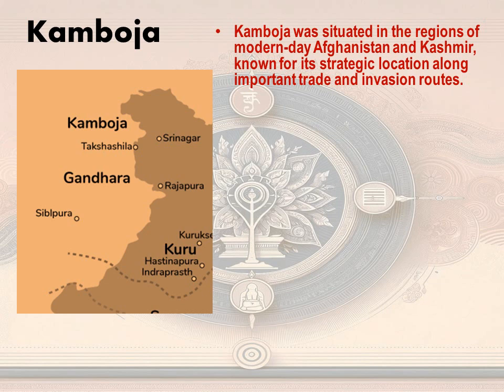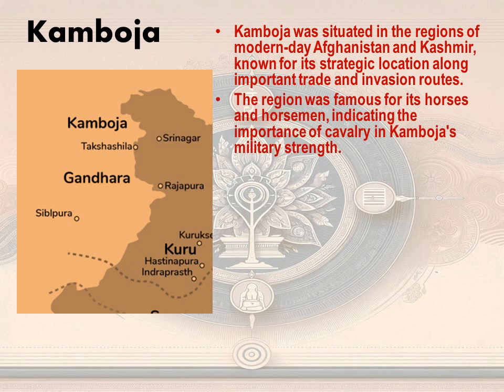So it was through this area that all the invaders came and attacked the Indian subcontinent. The region was famous for its horses and horsemen, indicating the importance of cavalry in Kamboja's military strength. So this was a place which was famous for its military campaigns with horses.